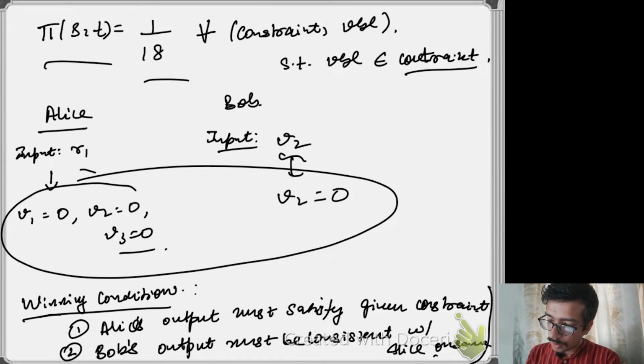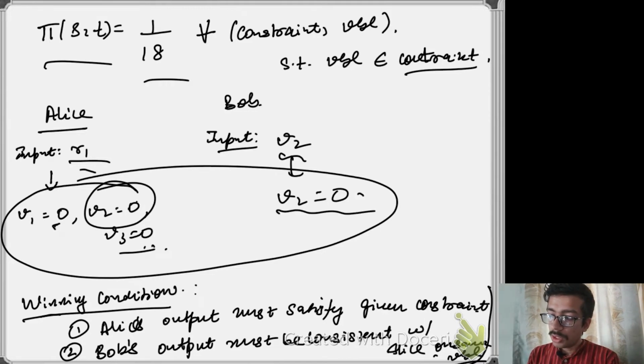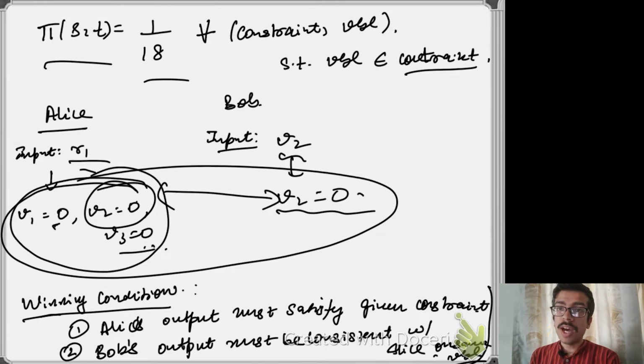Okay, so here for example, Alice was given as input R1. She outputted V1, V2, V3 as being all 0, and Bob outputted V2 being 0. Since these two are consistent and Alice's value assignment satisfies the given constraint, we see that both the conditions are met and they indeed win the game.